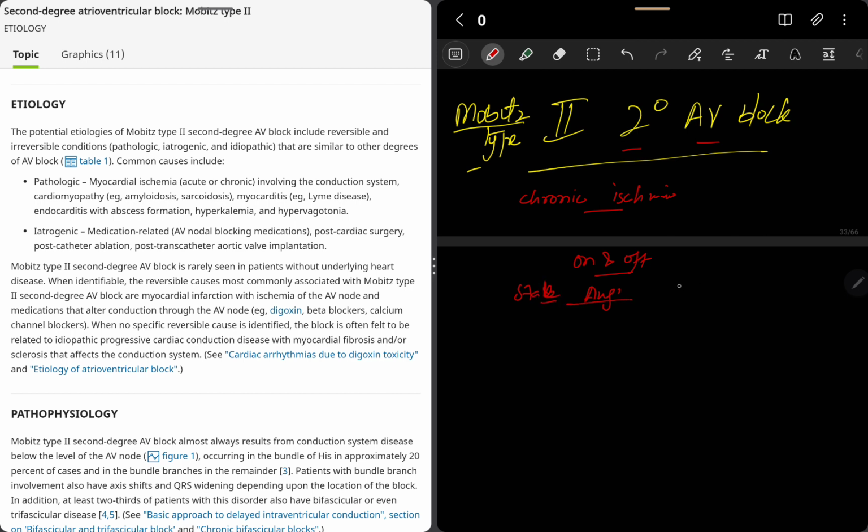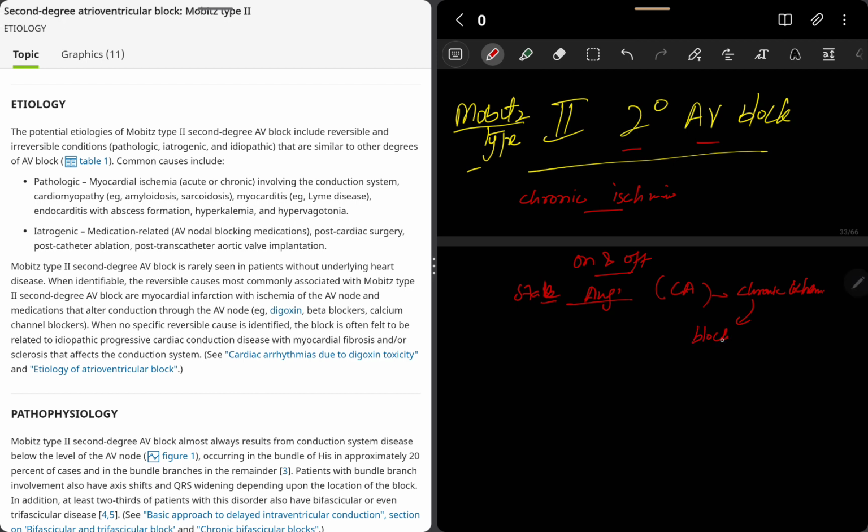They have something in the coronary arteries that can predispose them to this chronic ischemia. And what happens? Patients can eventually land up in block conditions.